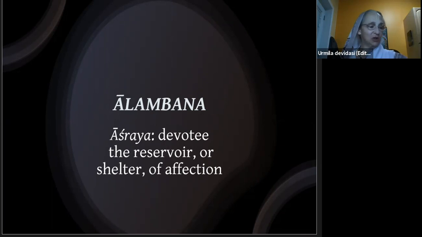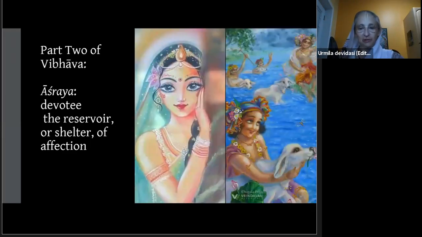The devotee also stimulates our relationship with Krishna. And this class is going to be entirely on the second part of the Alambana, the Ashraya, the devotee who's the reservoir or shelter of affection. And here we're going to be looking at different categories of devotees who can shelter our affection for Krishna.